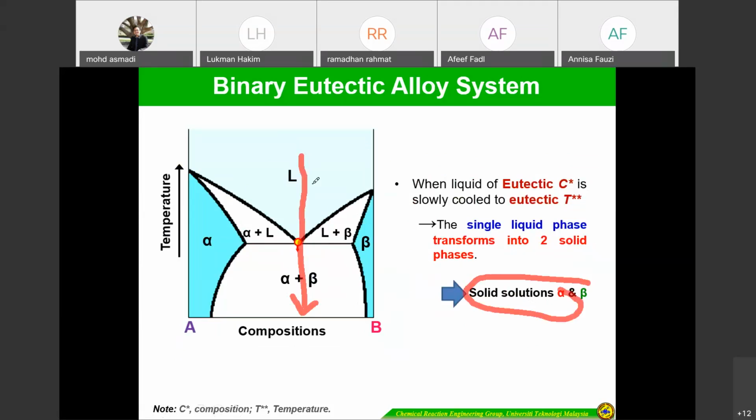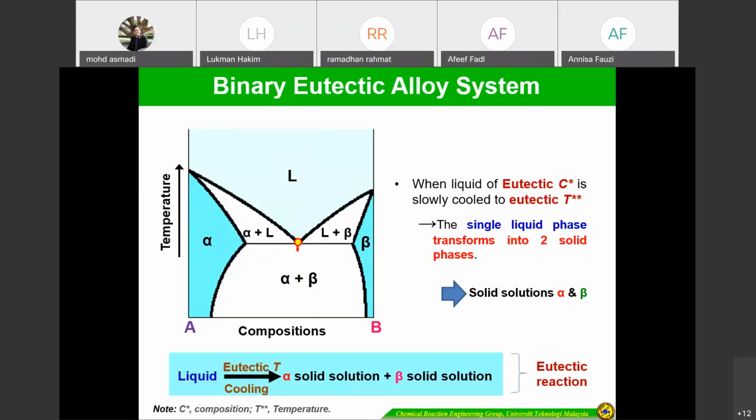So it's going to be 100% solid to liquid. This is the conversion or the reaction from the liquid to the solid solution of alpha and beta.